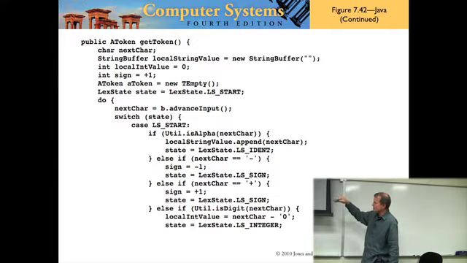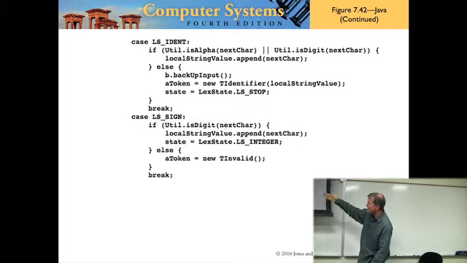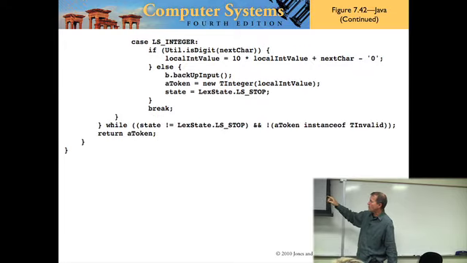There's a start state, and if util.is digit next char, it checks if the next char is a digit, and if it is, it converts the strings to the numbers and so on. Here is another section of that code, and here's the identifier state, and here's the ls sign, where ls is lexical state. But the main thing we want to look at is, what does this return? It returns an abstract token, right?